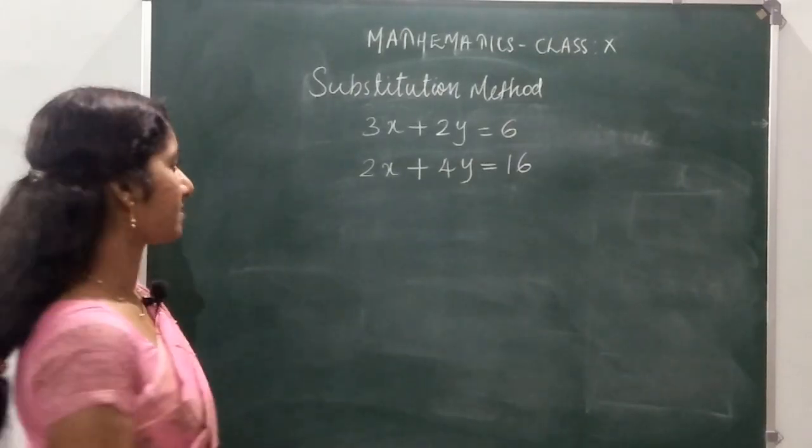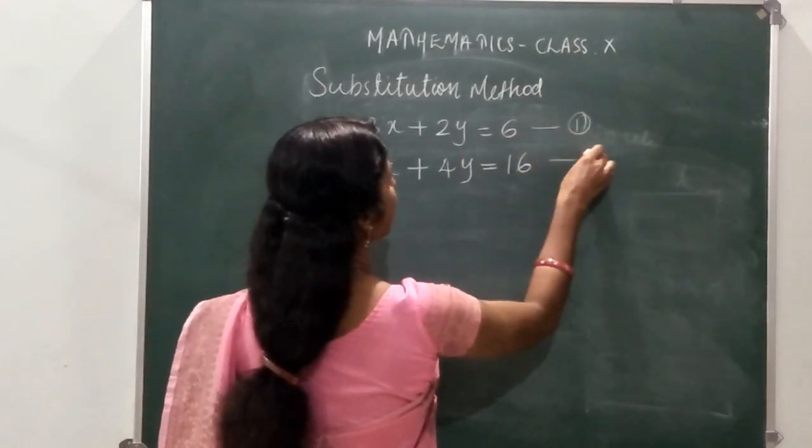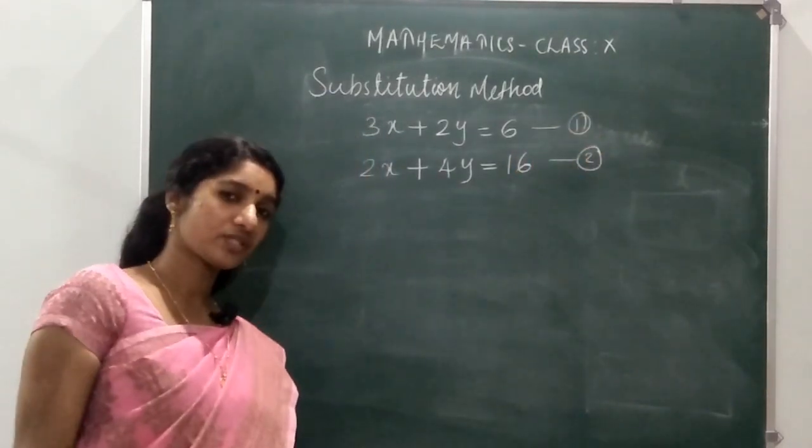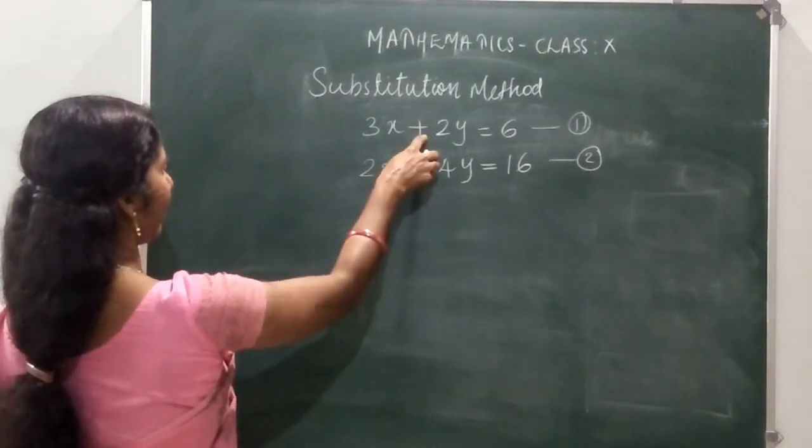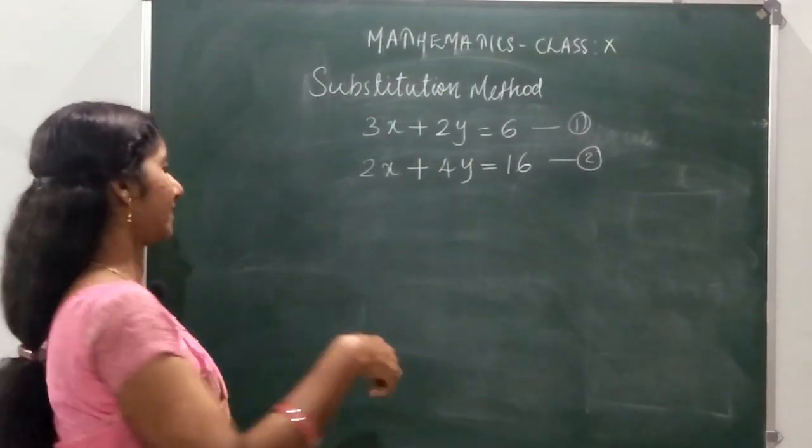Okay, we can solve. What will we do? We write the first equation and the second equation. Either from the first equation or from the second equation, we write x or y. In the previous question we wrote x, so now here we can write y.